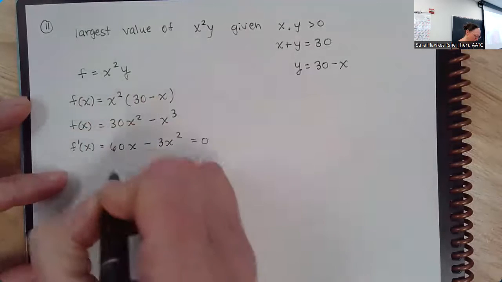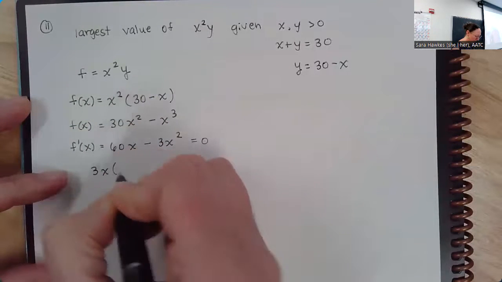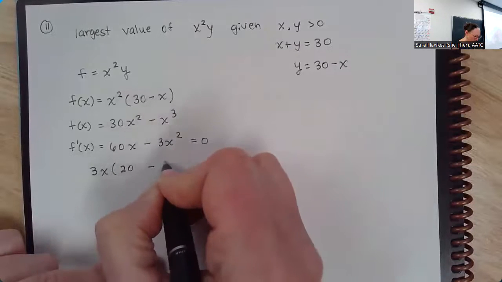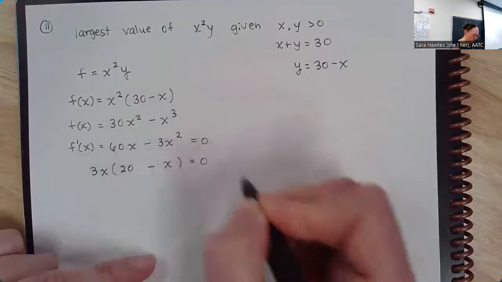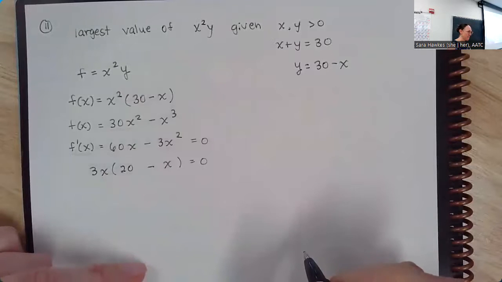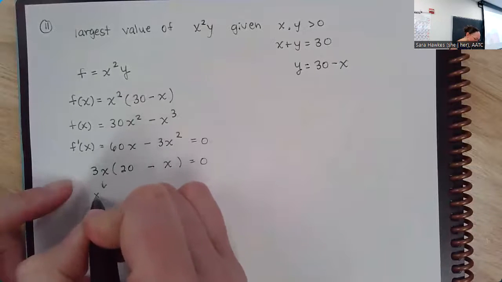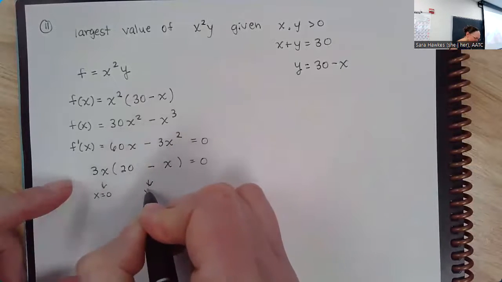And when I set that equal to 0, it looks like I can pull out a 3x and be left with 20 minus x. So I could have x equals 0 or x equals 20.